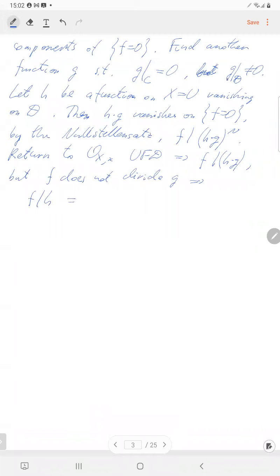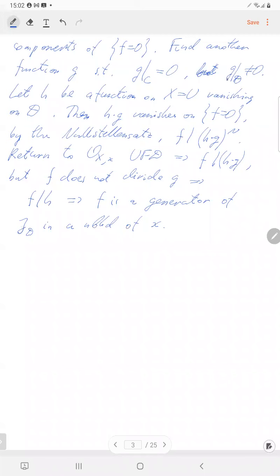Okay, so F is a generator of our ideal JD in a neighborhood of X, and that's what we wanted to prove.